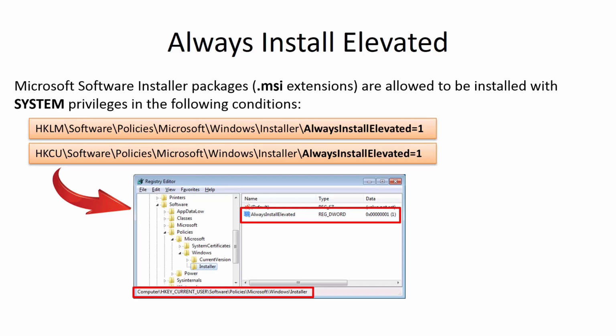If the domain administrator changes the settings in both registry hives, all standard users will be able to install MSI packages with system privileges. And of course, this feature can be abused by an attacker, and a specially crafted MSI file can be launched. Please remember that the given registry hives do not exist on Windows machines by default. They are set by the administrator manually.